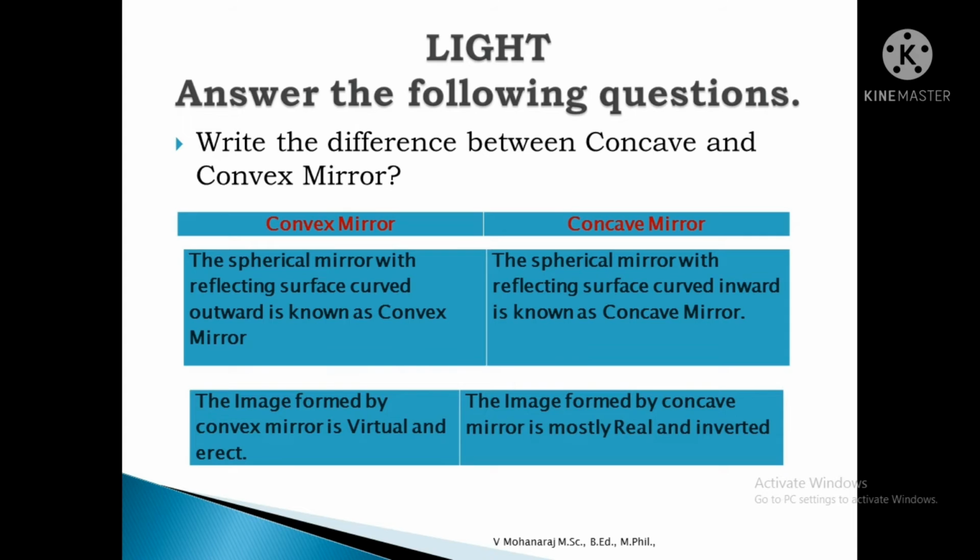And another one is, the image formed by convex mirror is virtual and erect. At the same time, the image formed by concave mirror is mostly real and inverted. Okay, this is the difference between concave and convex mirror.